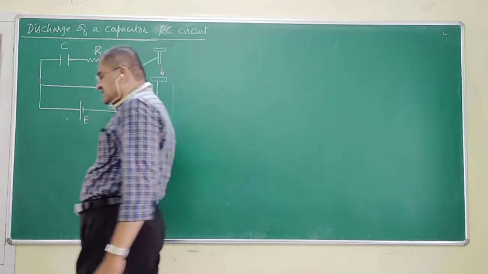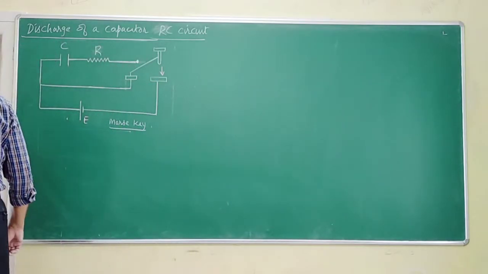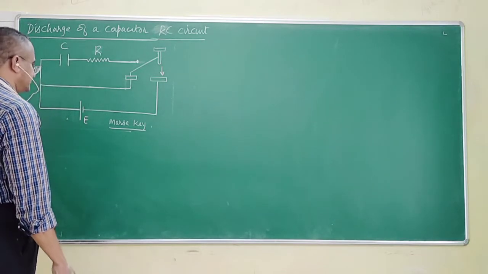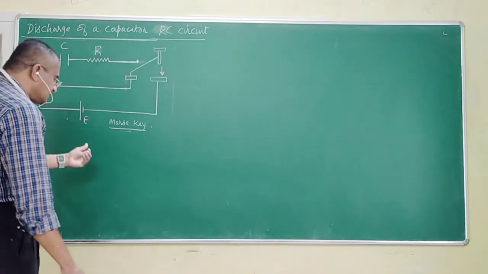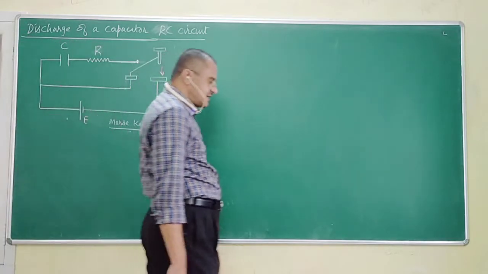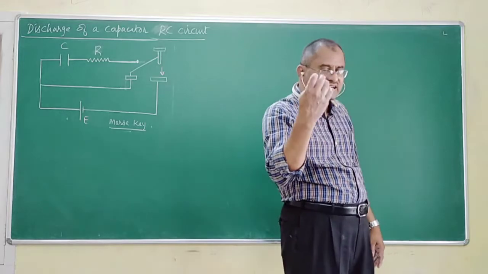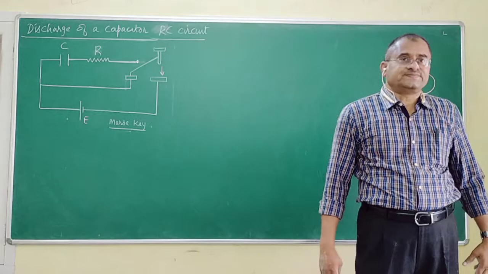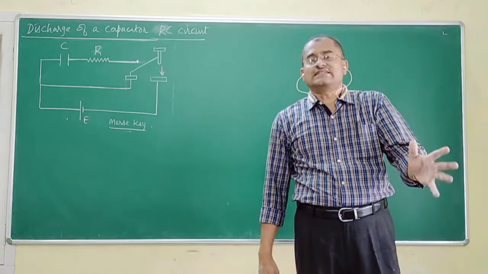Once the capacitor gets fully charged, I start discharging it through the resistance. When I discharge it through the resistance, again an instantaneous current will be there. I will take the instantaneous current as I, and the instantaneous charge on the capacitor at any instant as Q.